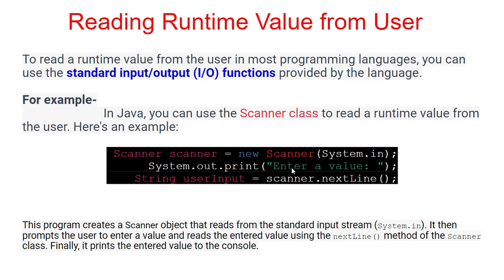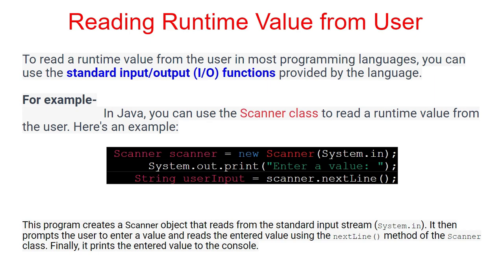Once the user sees this in the console, they will enter some value, which is read by scanner.nextLine. Through nextLine we can read the value line by line and store it inside a string. So this program creates a Scanner object that reads from the standard input, which is System.in. It then prompts the user to enter a value and reads the entire line using the nextLine method of Scanner. Finally, it prints the entered value to the console.